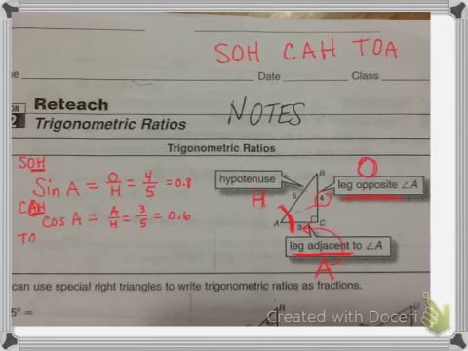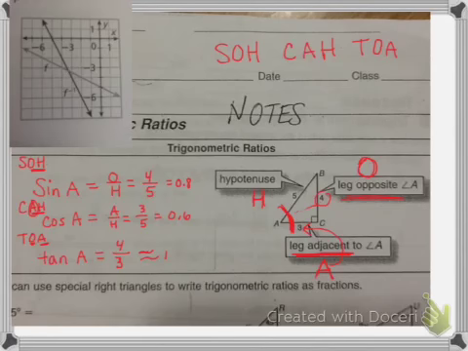And the last one is TOA. TOA stands for tangent, T-A-N, of A. Please do not pronounce that tan. We will always say tangent, equals opposite, which is 4, over adjacent, which is 3. We get approximately 1.3 repeating.